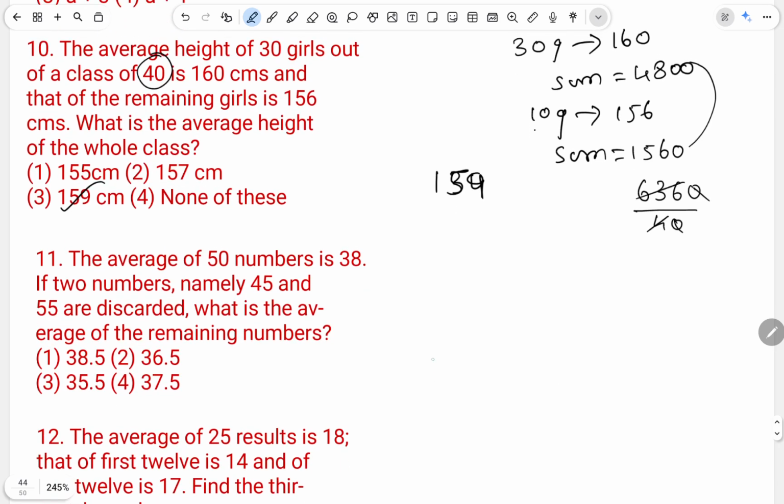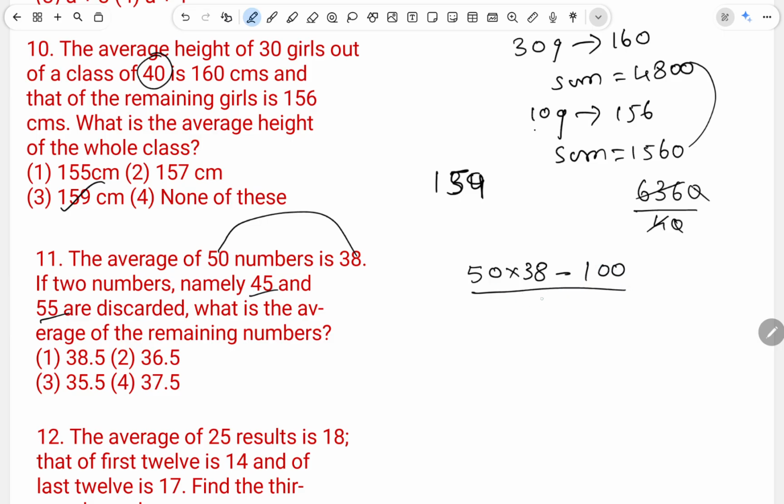The average of 50 numbers is 38. If two numbers, namely 45 and 55, are discarded, what is the average? So 50 numbers average is 38. Then the sum will become 50 into 38. If I remove two numbers, 45 and 55, the total is 100.